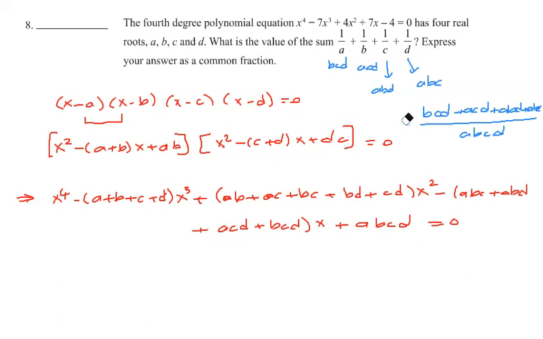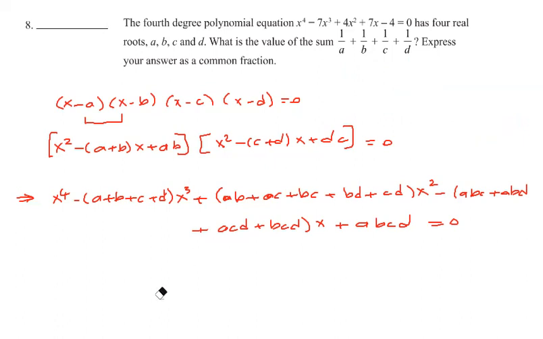Let me go ahead and do it one more time just to be on the safe side. I did the work right here while I was talking, but let's do this again. I multiplied each fraction by something so we can get a common denominator. I multiplied the first fraction by BCD, so you get BCD over ABCD.